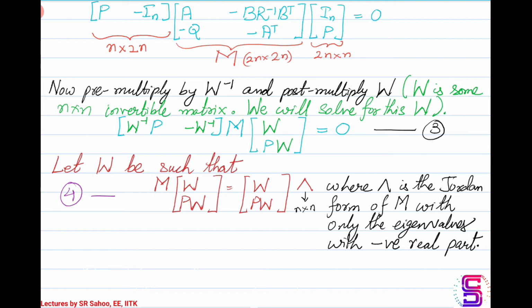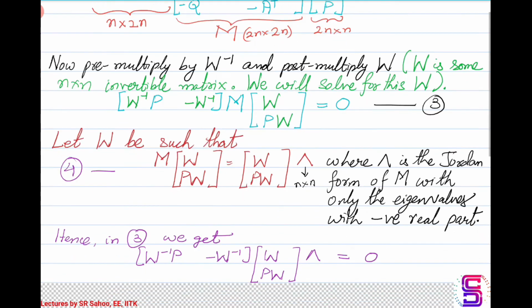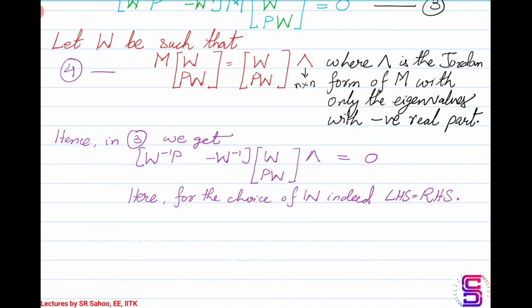Now suppose that we are able to find such a W that satisfies this relationship. Then if I substitute equation 4 in equation 3, I have this particular equation. If you observe, for the choice of W that we made in equation 4, the LHS and RHS become equal.